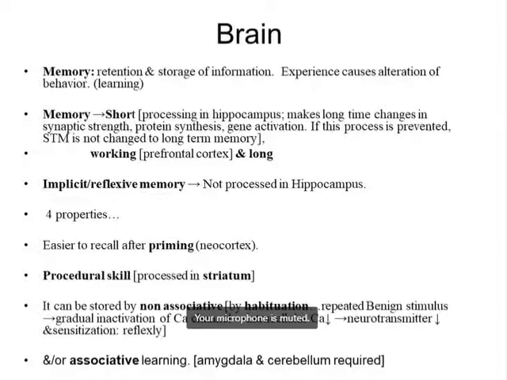So implicit memory is also called reflexive memory, and this implicit memory is not processed in the hippocampus. But explicit memory is processed in the hippocampus, then it is stored again from hippocampus to prefrontal cortex.